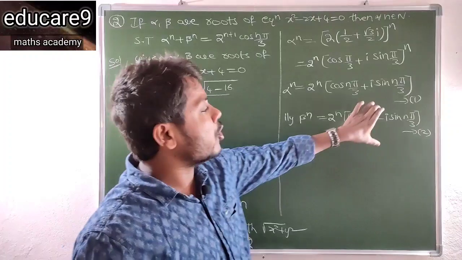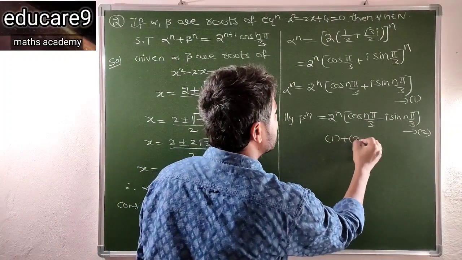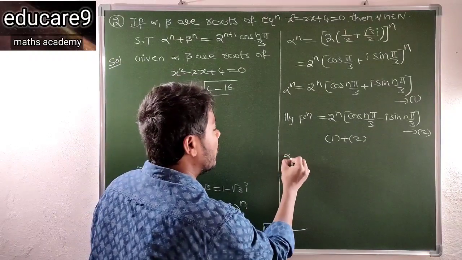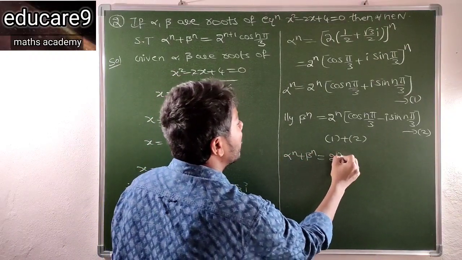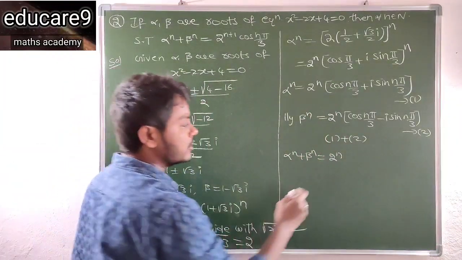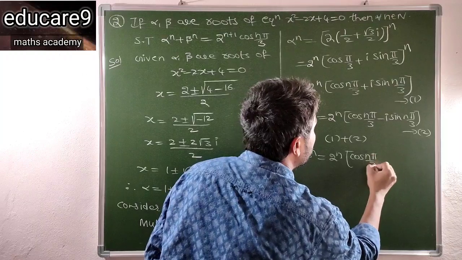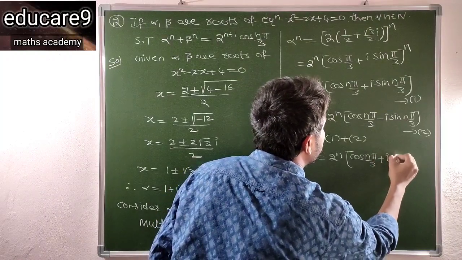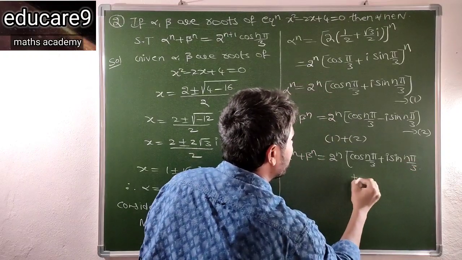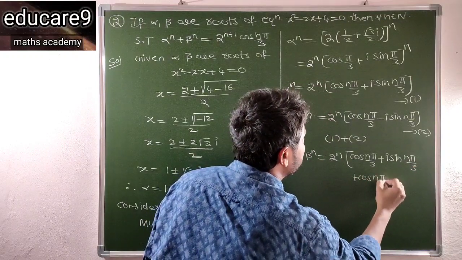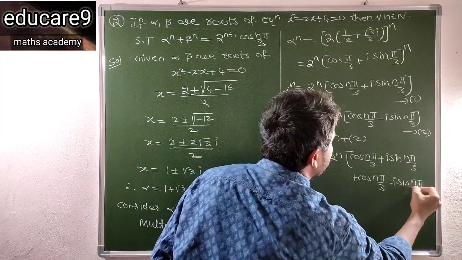Here you have to add both the equations. So what do you get? 1 plus 2, that is alpha power n plus beta power n. So 2 to the power of n is common in both terms. So what you get: cos n pi by 3 plus i sin n pi by 3, again plus cos n pi by 3 minus i sin n pi by 3.